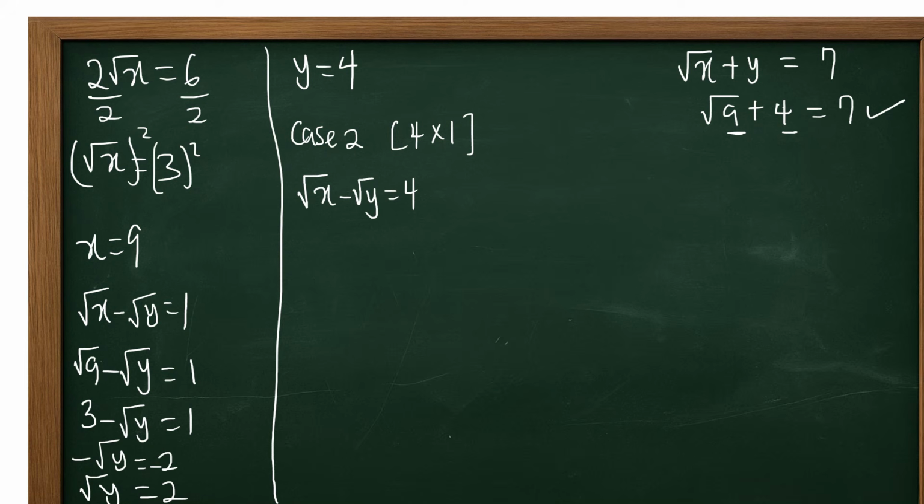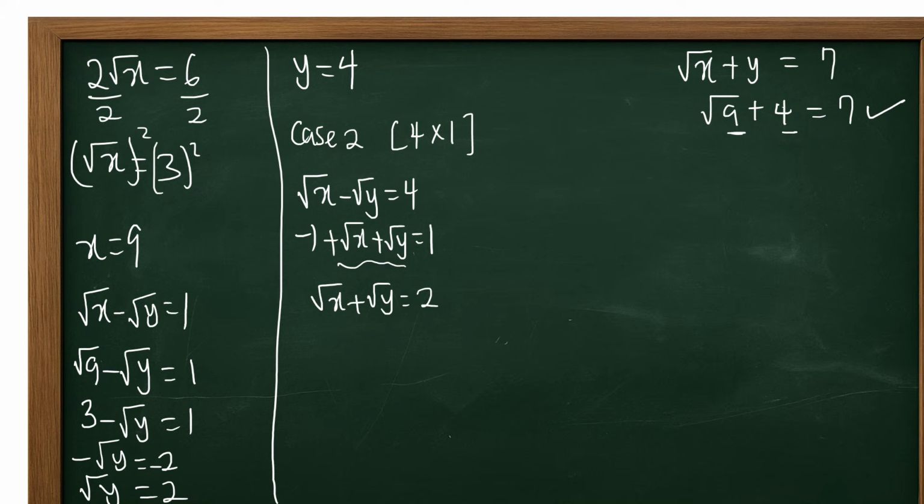And equation 4, we have negative 1 plus the square root of x plus the square root of y to be 1. Okay? So rewriting this given equation, you can have the square root of x plus the square root of y equals 2.